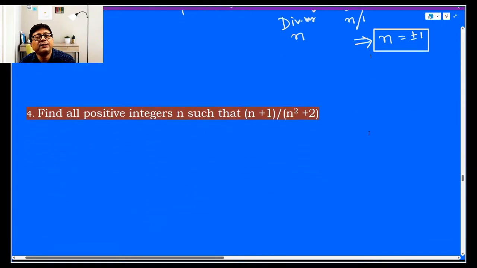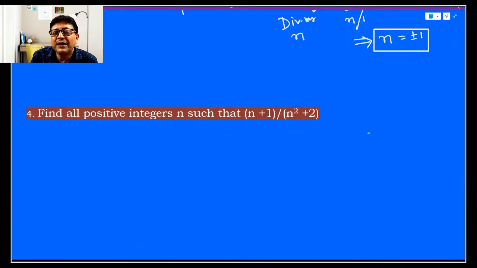Next one: find all positive integers n such that n plus 1 divides n square plus 2. You can check it with n equal to 1. If n equals 1, this is not possible.